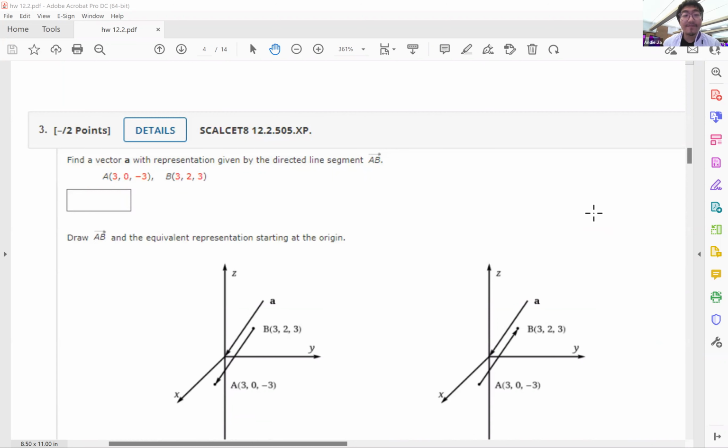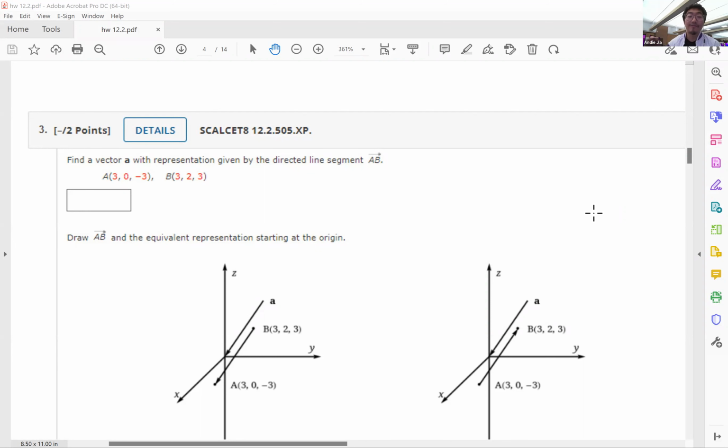The next is a vector A with a representation given by the line segment AB. The first step is to do this subtraction to obtain a new vector. It's going to be 0, 2, 6.